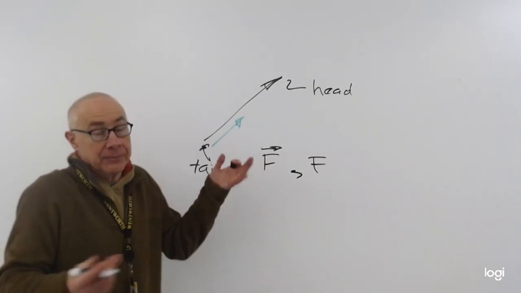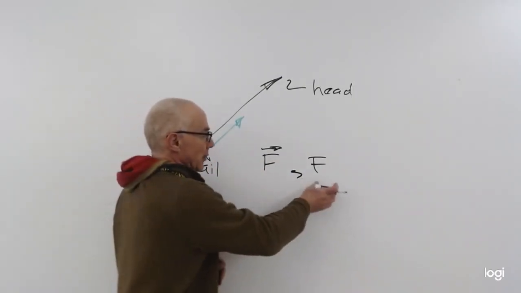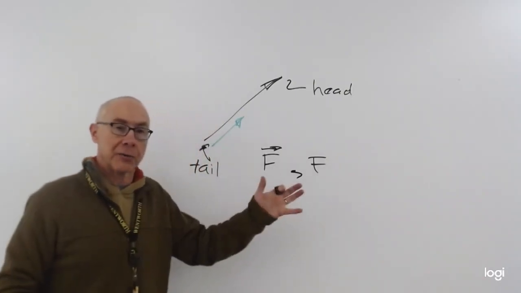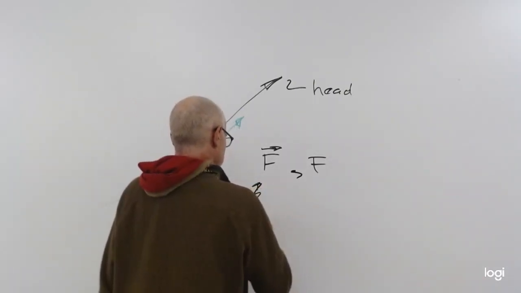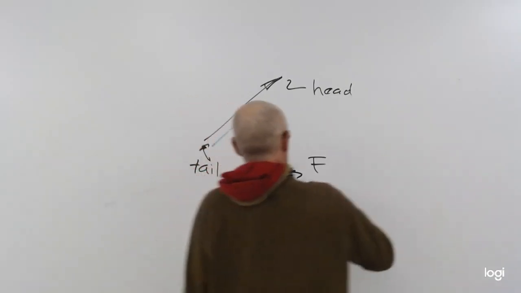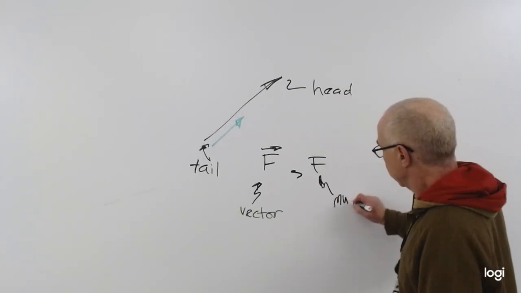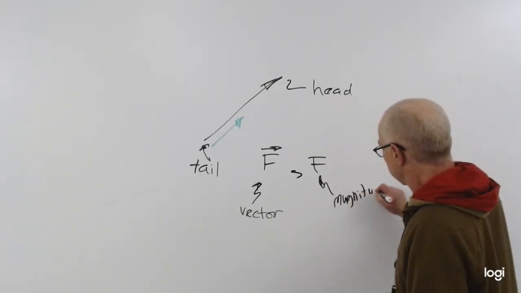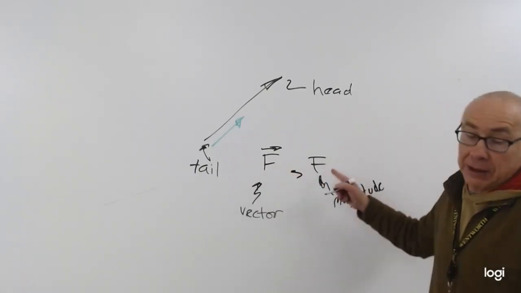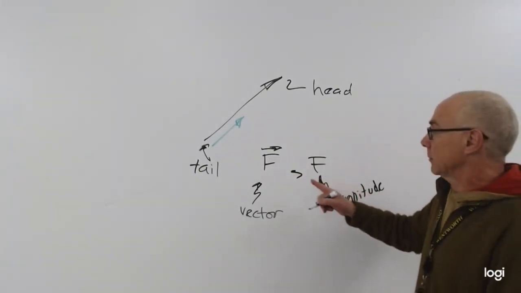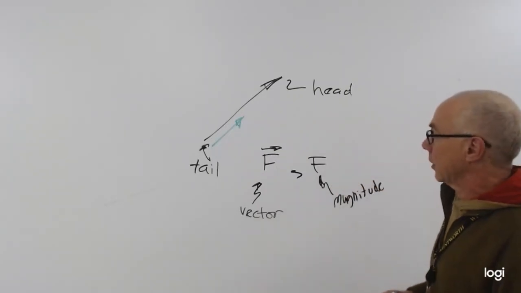In your homeworks or in test problems, you always just use a simple letter to describe the magnitude. So this is a vector, and this is the magnitude of that vector. Remember we talked last time about vector quantities and scalar quantities. This is in fact a scalar quantity.